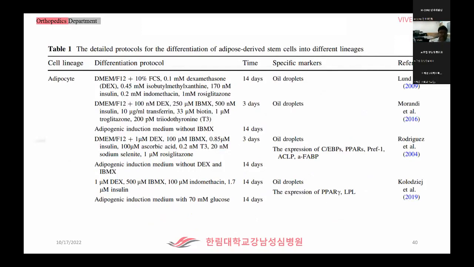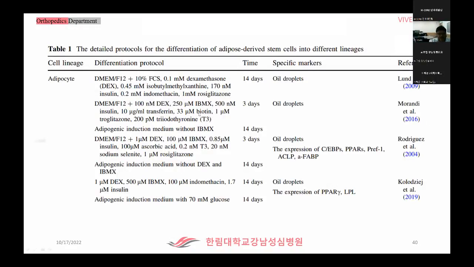For example, in in vitro conditions, they use media along with certain kinds of stimuli, like 0.4 millimolar isobutyl methylxanthine, and also insulin and indomethacin. With this protocol, after 14 days the cells converted into adipocytes. So adipose-derived stem cells have been converted into adipocytes.